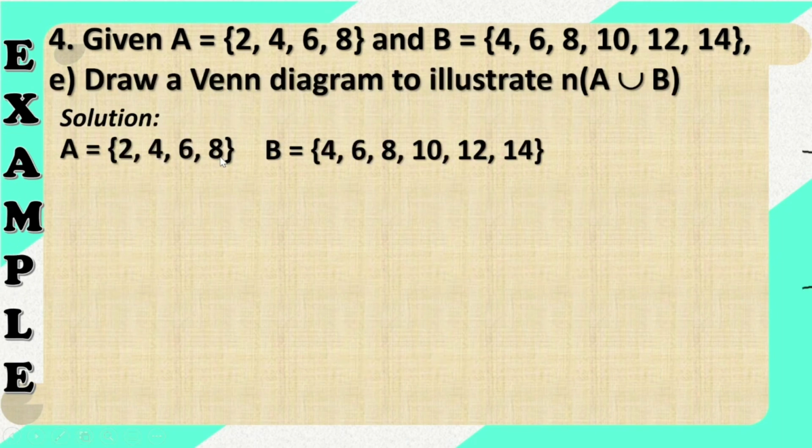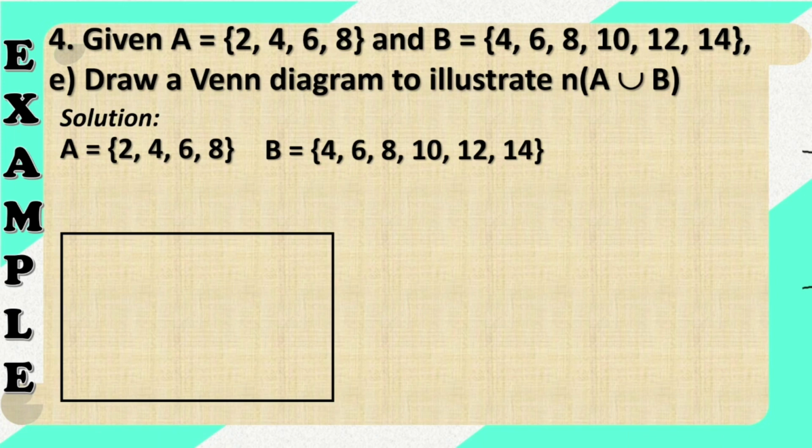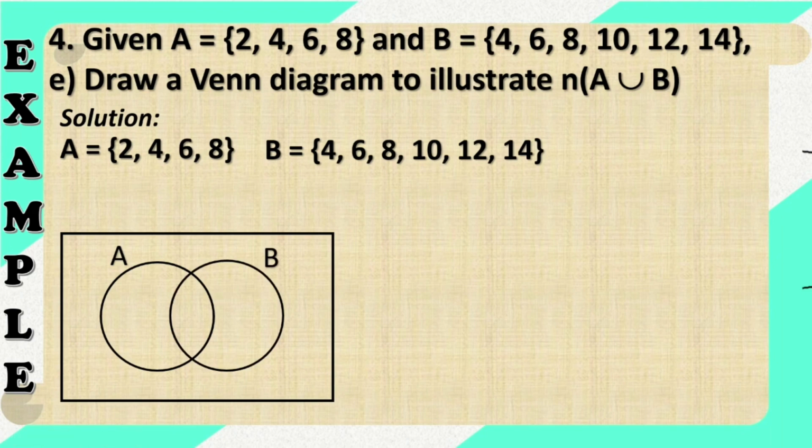For letter E, draw a Venn diagram to illustrate the cardinality of A union B. So we are going to draw a Venn diagram. The first circle is the set A, and the second circle is for set B. Bakit nag-overlap ang dalawang circle?